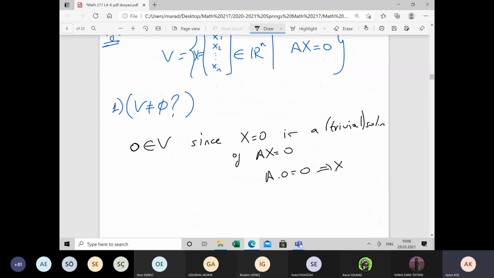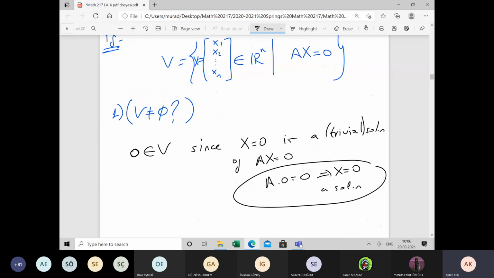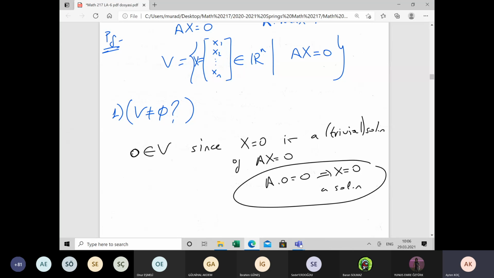So x = 0 is a solution, and every solution is in V, so the zero vector is in V. So V is not the empty set.